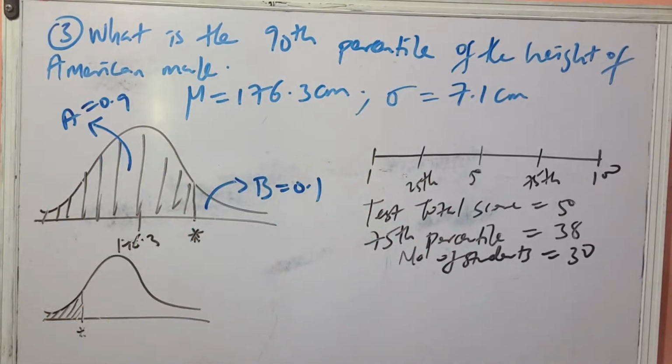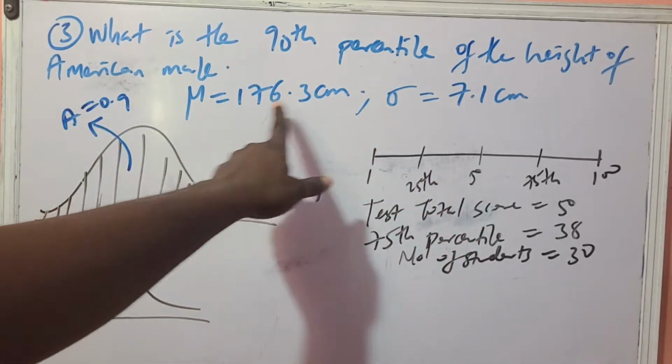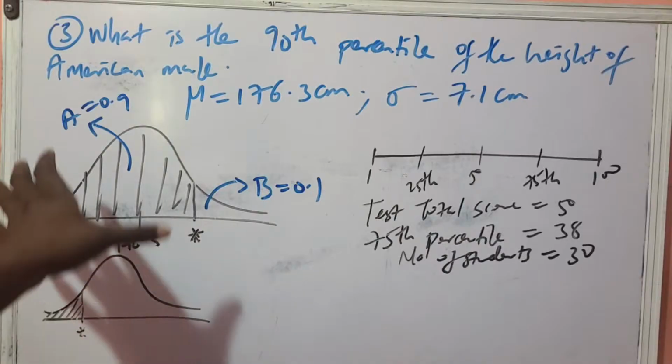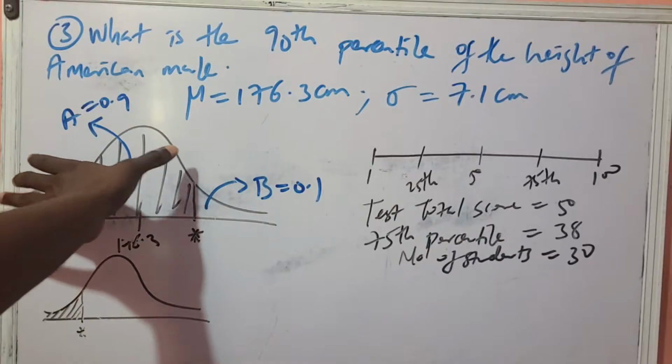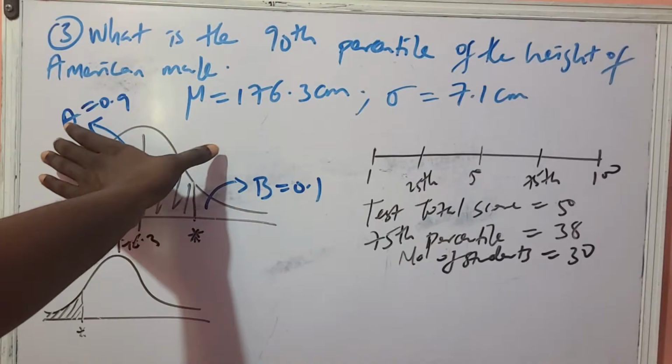But the truth is, you guys know this already, we don't have any normal distribution table that mirrors these parameters, 176.3 and 7.1. You guys notice the use of my word parameter. I'm using that intentionally. So you know already that we cannot use.